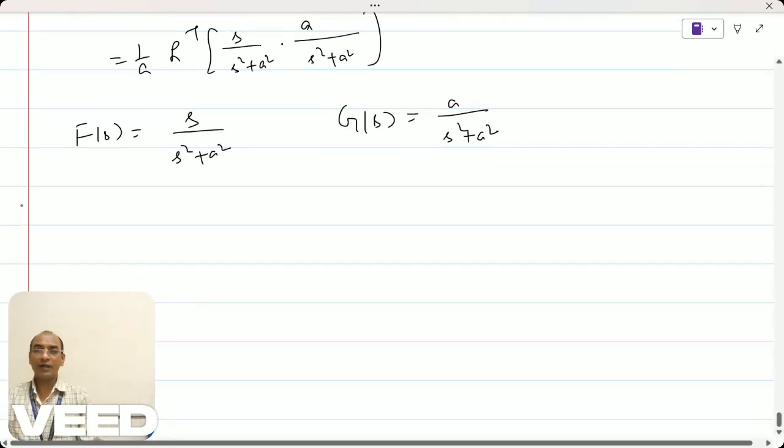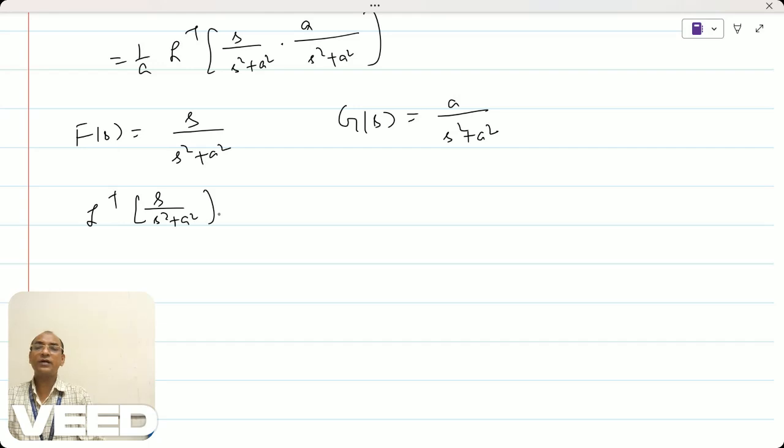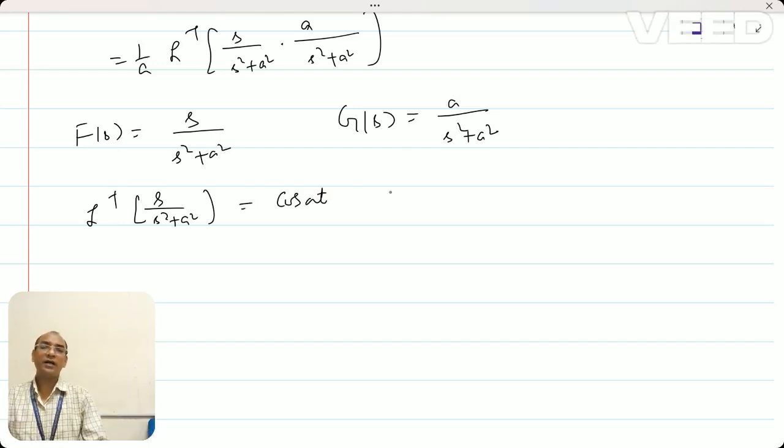Now L inverse of s by s square plus a square is nothing but cos at, and L inverse of G(s), a by s square plus a square, is equal to sin at.